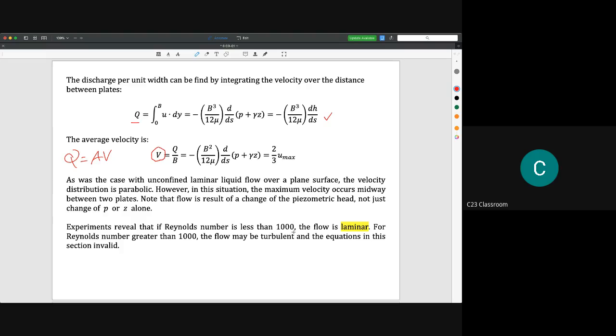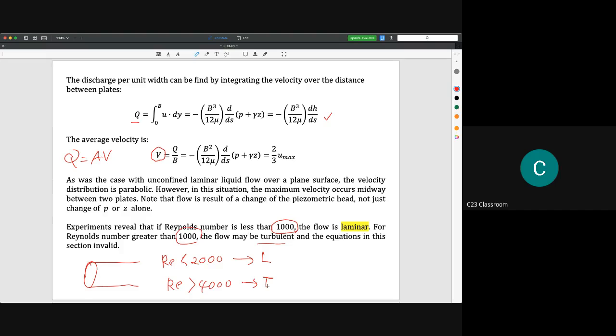So this is the note. According to this book, they say that if the Reynolds number is less than 1,000 it is laminar, and if it is greater than 1,000, it may be turbulent. It's a little bit different from what we know about flow in pipe. In flow in pipe, we say that if the Reynolds number is less than 2,000, it will become laminar, and if the Reynolds number is greater than 4,000, it will become fully turbulent.